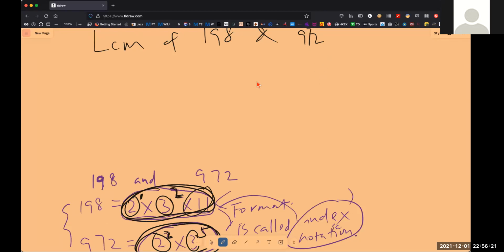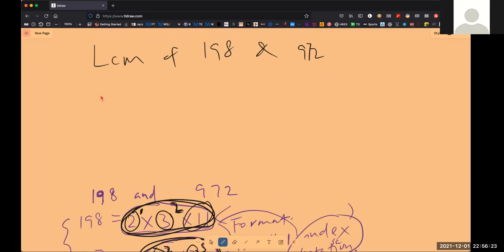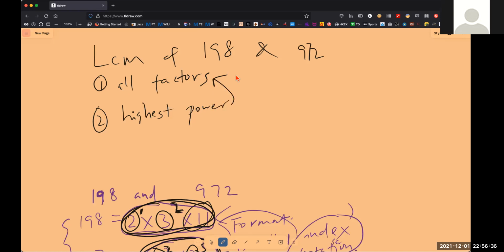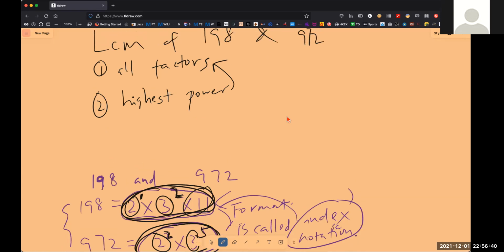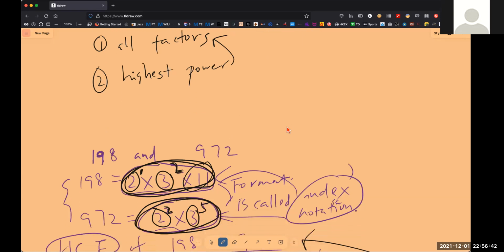Okay, so for LCM, the first requirement is all factors. Second requirement, highest power for all the factors.